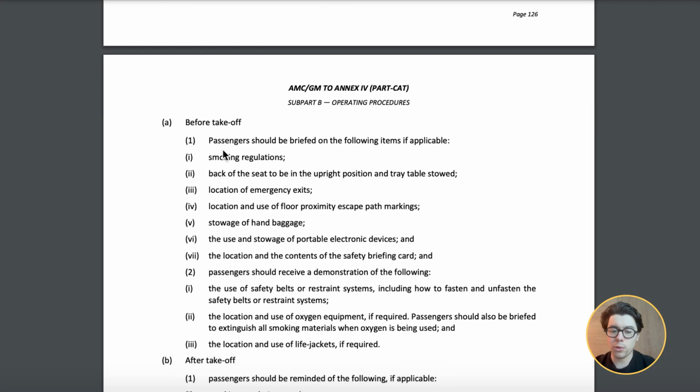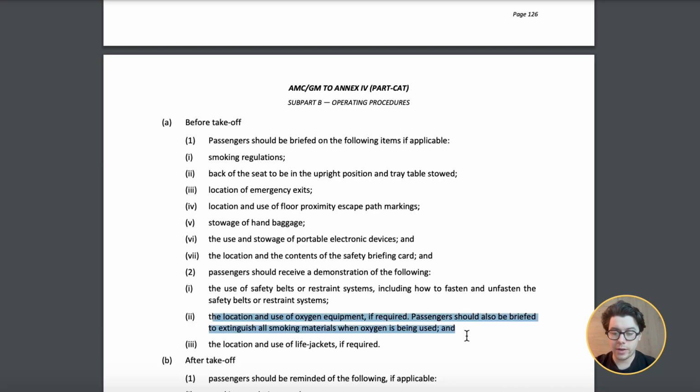As you can see, I have pulled out the document, and you can see that before takeoff, the passenger briefing needs to consider all of these following items. This will be smoking, regulations, the stowed trays, and all the other information that is necessary by law and will also be asked during your exams. And of course, the use of the safety belts.